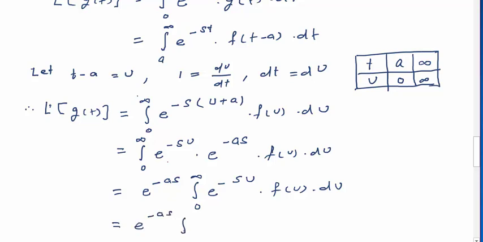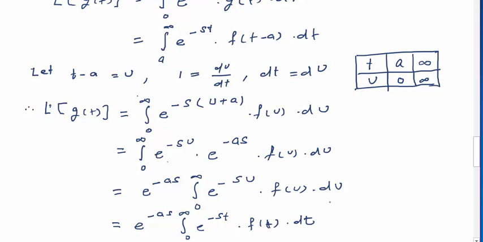Now as we have made a substitution that t minus a is equal to u, and we got everything in terms of u, now again we can make a substitution that u is equal to t. So we get e raised to minus st into f of t into dt.